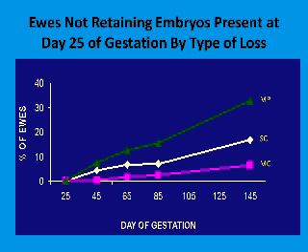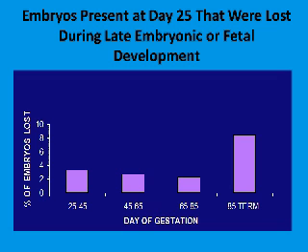The other thing you see in this graph is that they can occur between day 25 and 45, 45 and 65, 65 and 85, or 85 and term. About 2 or 3% of the embryos that are present at day 25 are lost by term. So why do those losses occur? This shows the numbers of losses. Here you see it, 2 to 3% each period.